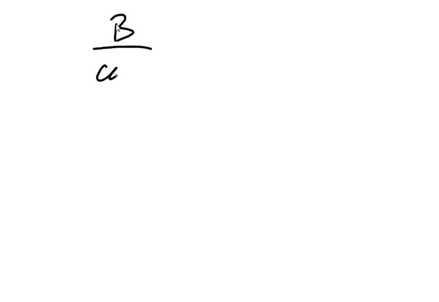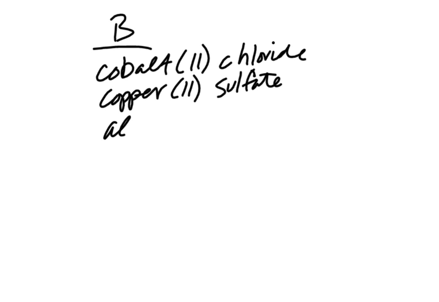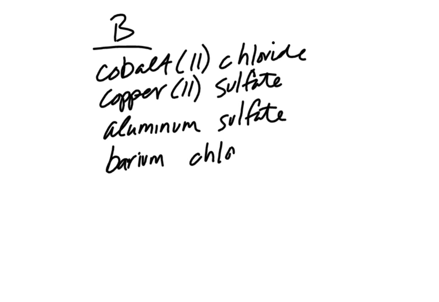Here's B. We're going to have cobalt 2 chloride, copper 2 sulfate, aluminum sulfate, barium chloride, and then lastly, nickel 2 nitrate.